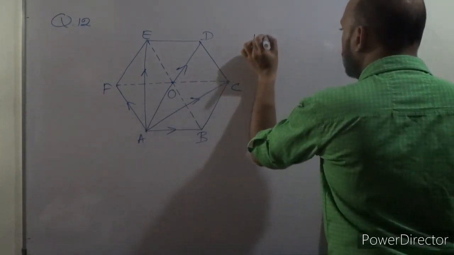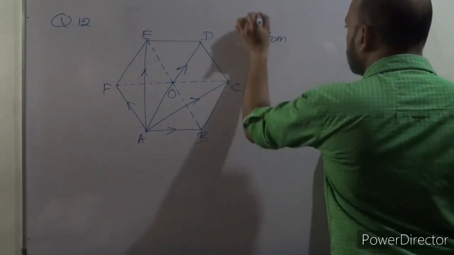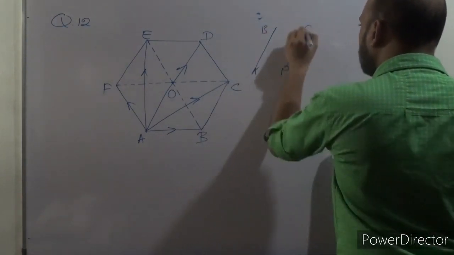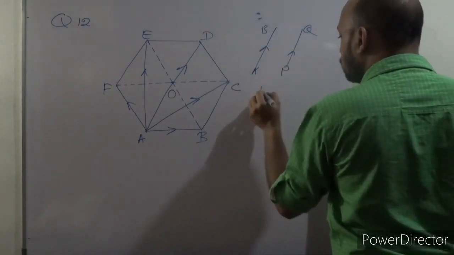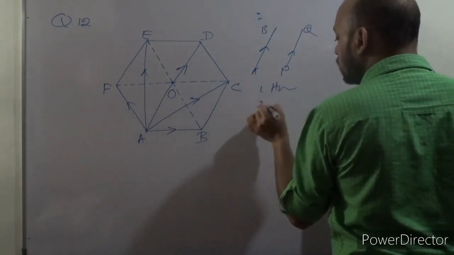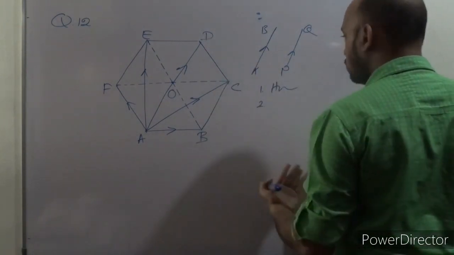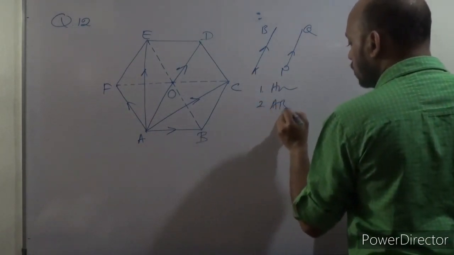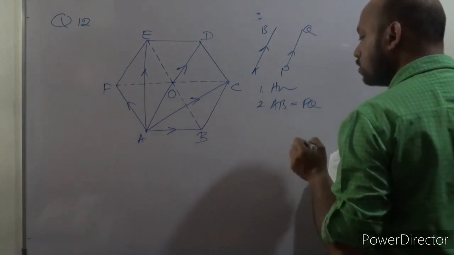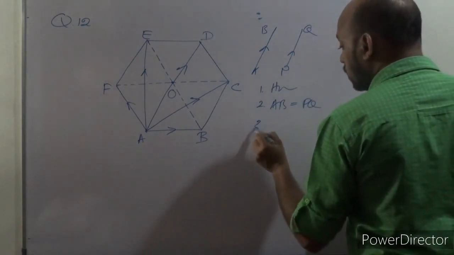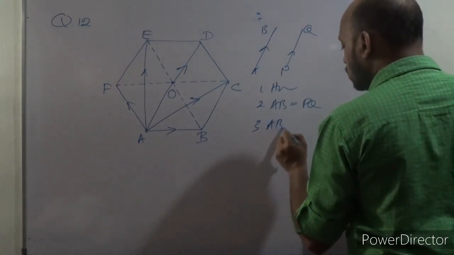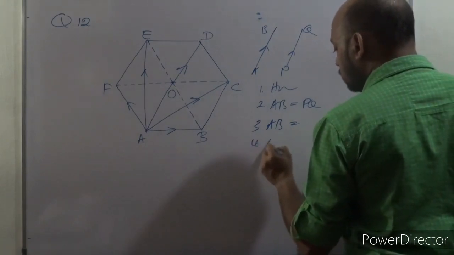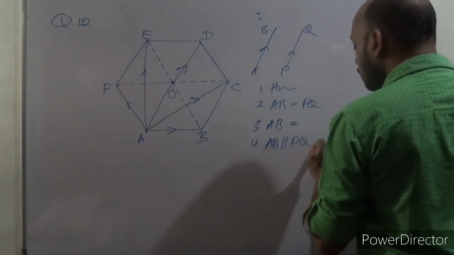First one, it should be homogeneous, right? Suppose there are two vectors, AB and PQ. Both should be homogeneous. Suppose AB is a force, PQ should be a force too. Then the magnitude should be equal in both vectors, and the directions should be the same, so both vectors should be parallel to each other.